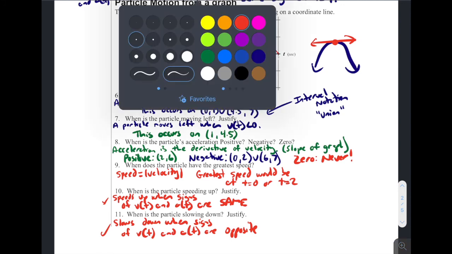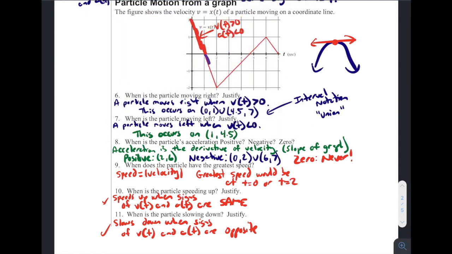Here, from there to there, we see that the velocity is negative because it's below the t-axis, and the acceleration is negative because the slope is negative on that interval. Going back to red, from here to here, we see that the velocity is negative because it's below the t-axis, and the acceleration is positive because the slope is positive.